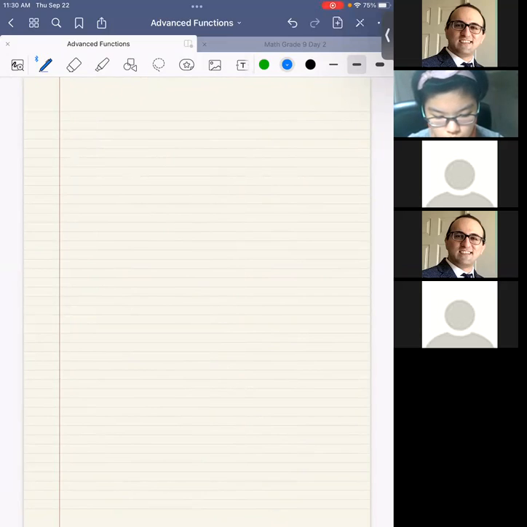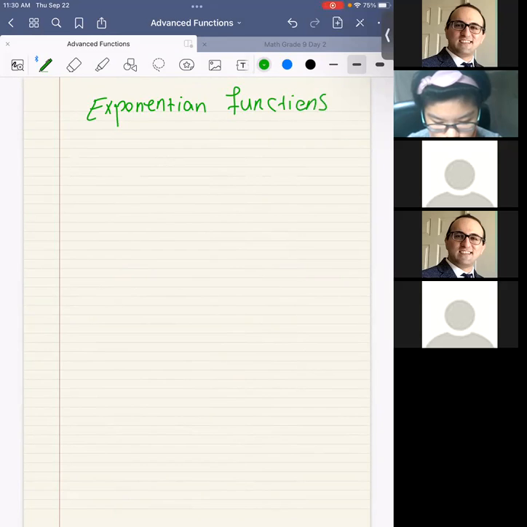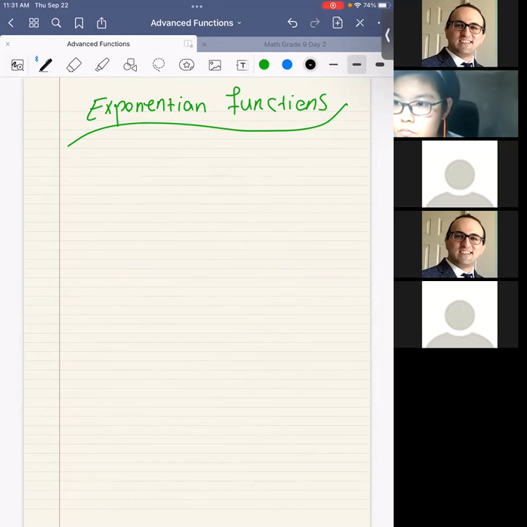Now, I want to begin a new topic, which is exponential functions. These are a new type of function, an important type of function that you learn in advanced functions and in general in calculus.